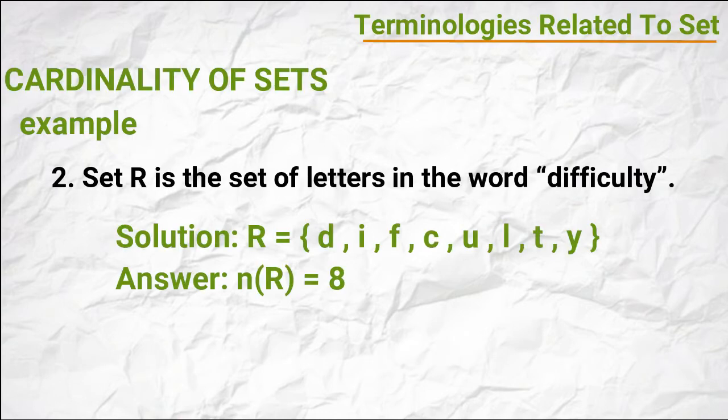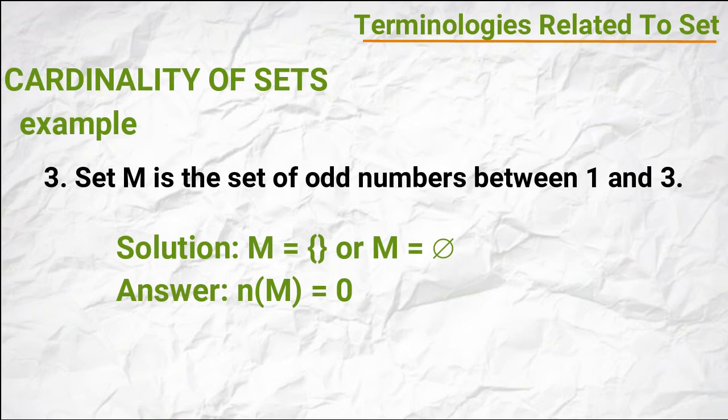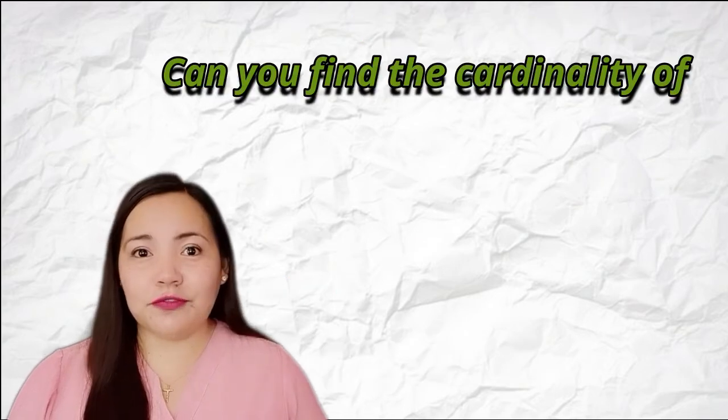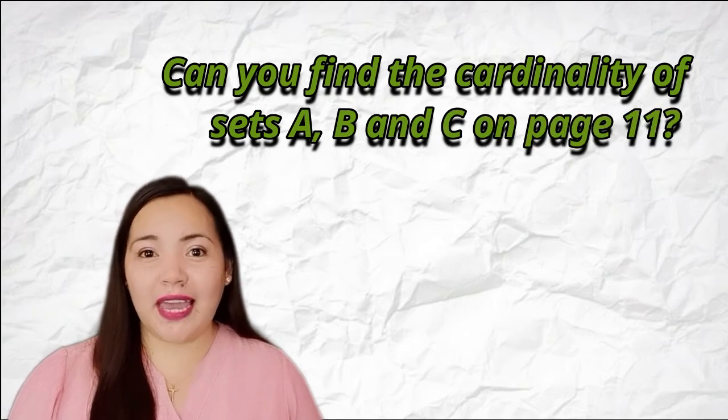In number 2, the cardinality is 8 because we will not count the repeating letters in the word difficulty. And in the third example, set M is a set of odd numbers between 1 and 3. The cardinality is 0 since there is no odd number between 1 and 3. Can you find the cardinality of sets A, B, and C on page 112?